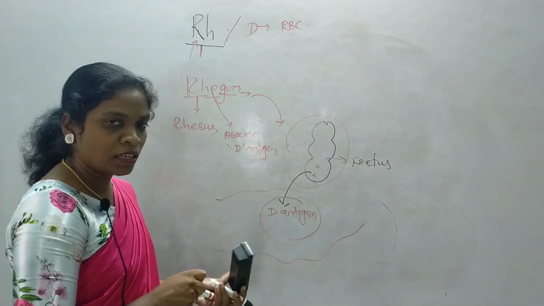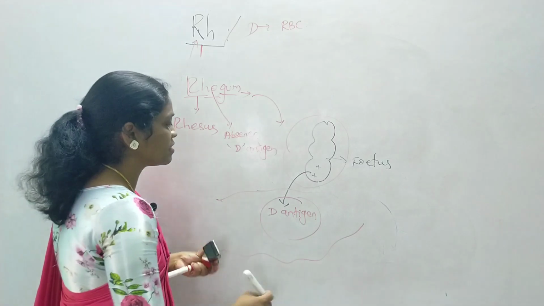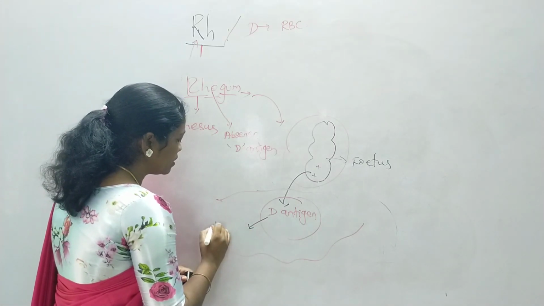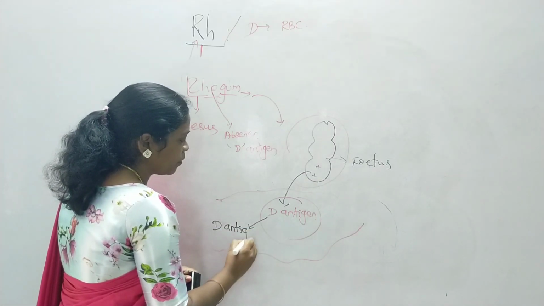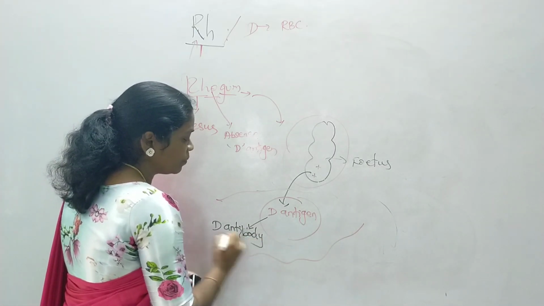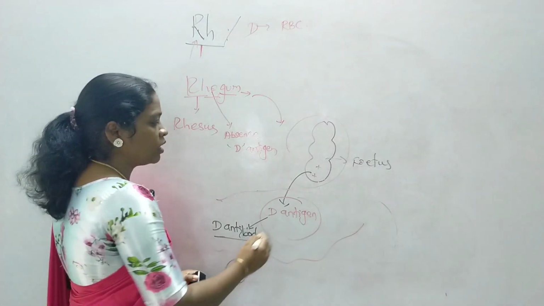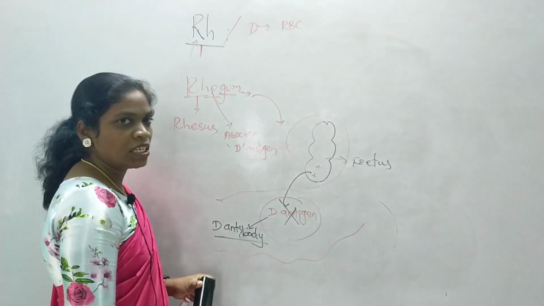Now the mother's blood, sorry, not RBC, it is WBC, will start to produce D antibodies against this antigen. Now the D antibodies have to go and destroy the D antigen.